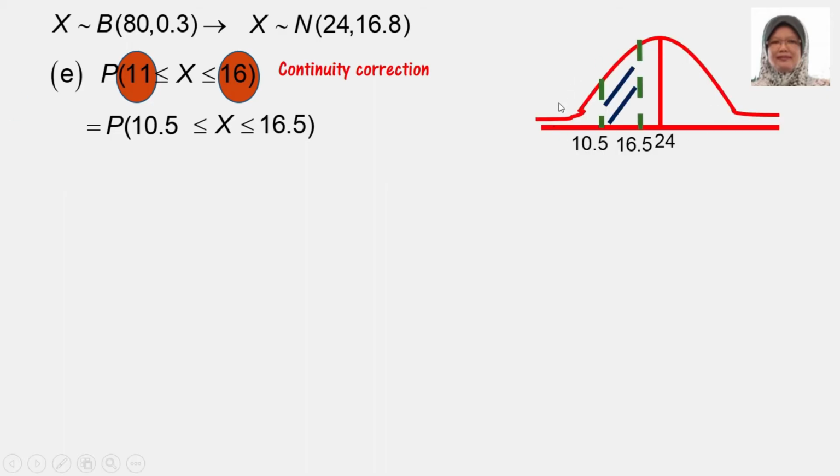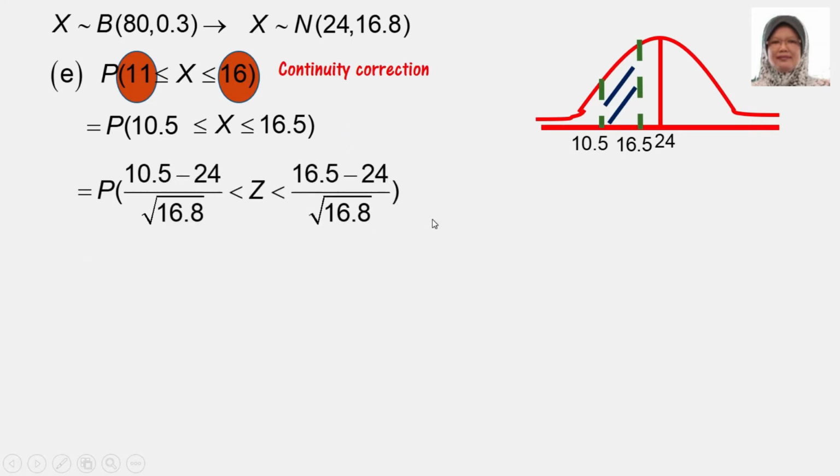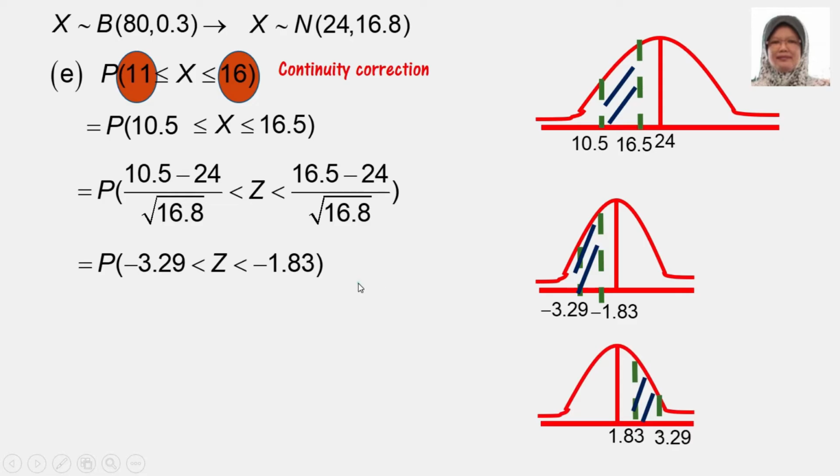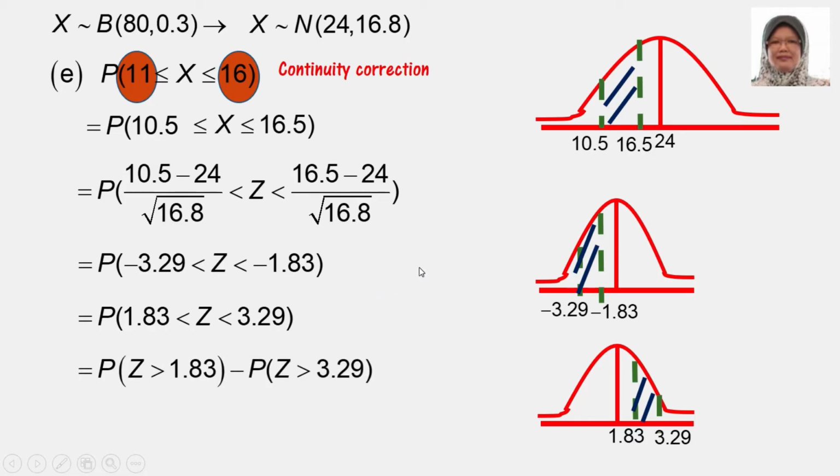This is our picture for this question, and we change to Z. We get P(negative 3.29 less than Z less than negative 1.83), and we change to the right side. So we take P(Z greater than 1.83) minus P(Z greater than 3.29). Read from the table and we get the answer 0.0331.